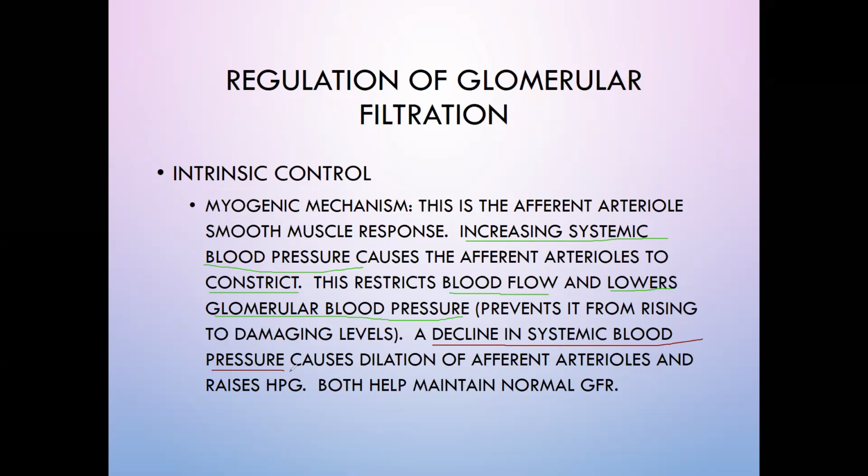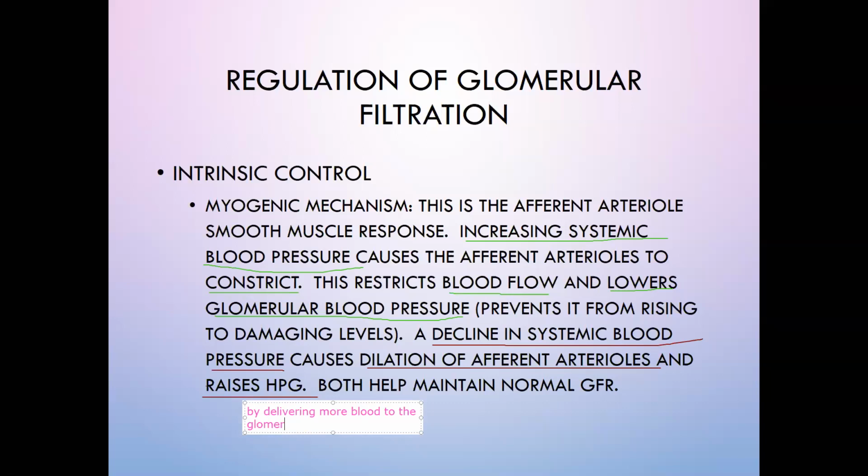But right now, if you just stop pushing out on the vascular smooth muscle, then you will dilate the afferent arteriole, which will raise hydrostatic blood pressure by delivering more blood to the glomerulus. Okay, all right, so in both of those ways, we're helping to maintain normal GFR.